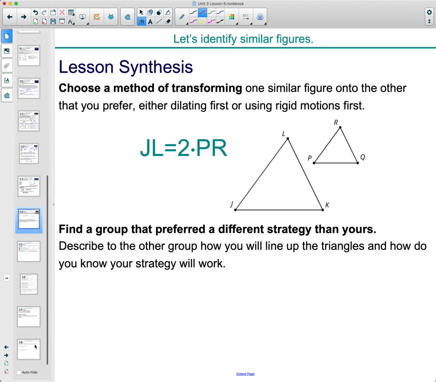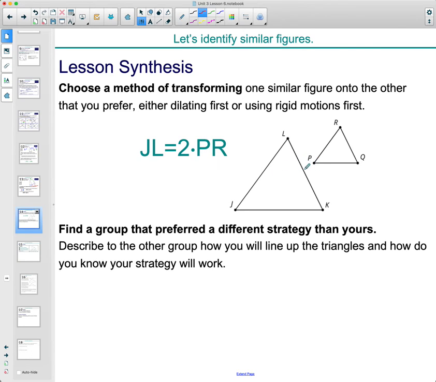All right, synthesizing this: choose a method for transforming one similar figure to another that you prefer. You can dilate first or do a rigid motion first, whichever you want. In this case, it's saying that this is double the size.